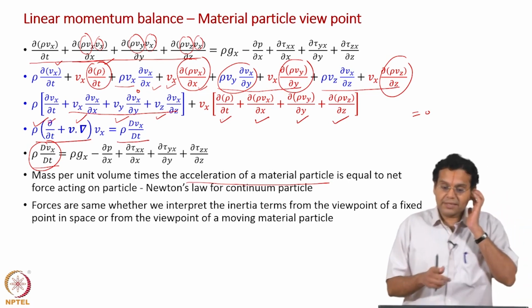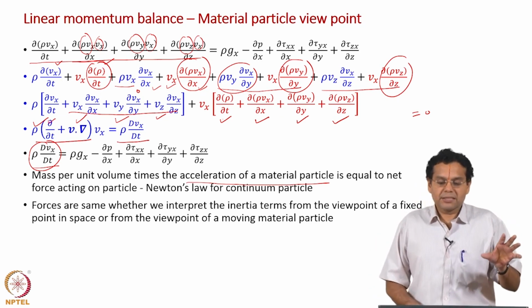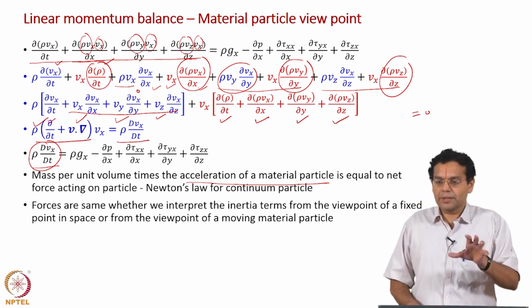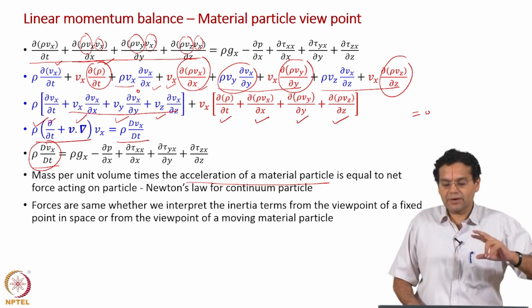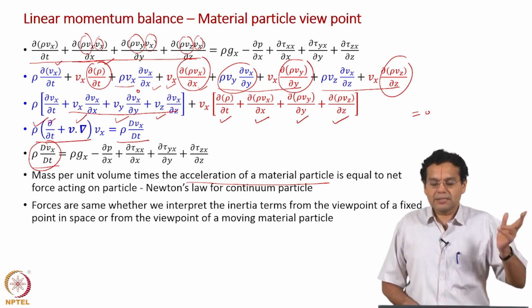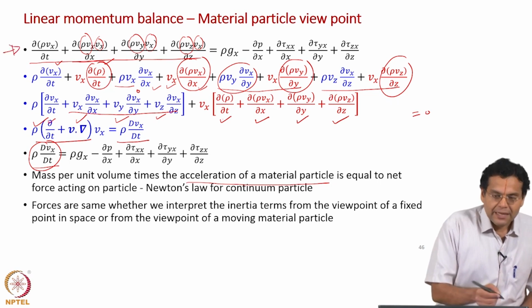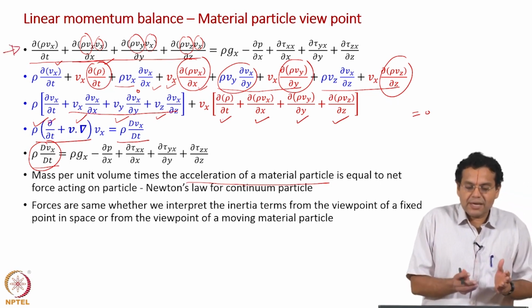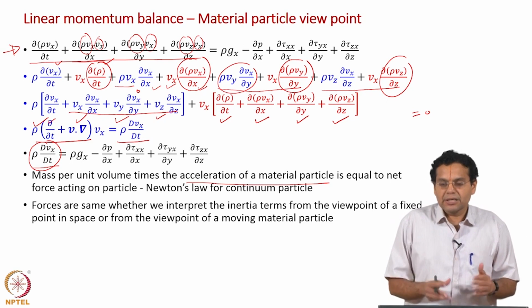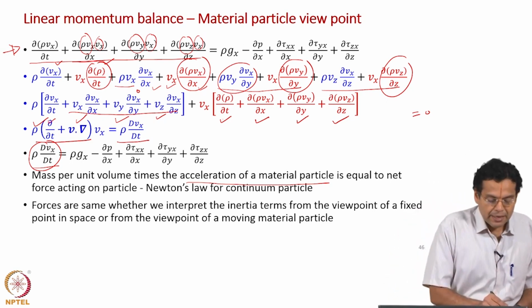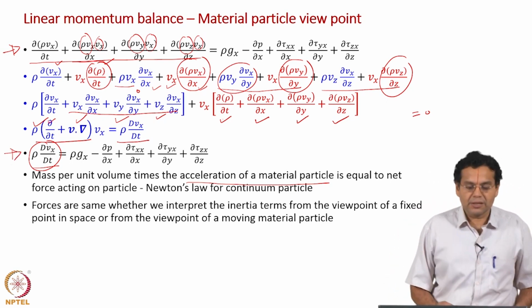Now you look at the title, linear momentum balance from a material particle viewpoint. So there are two different ways of writing the linear momentum balance equation. We have discussed at length the first viewpoint. The second viewpoint just requires a rearrangement of the left hand side, including the continuity equation, and you get this viewpoint.